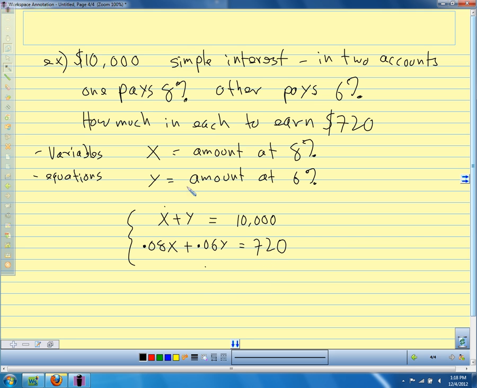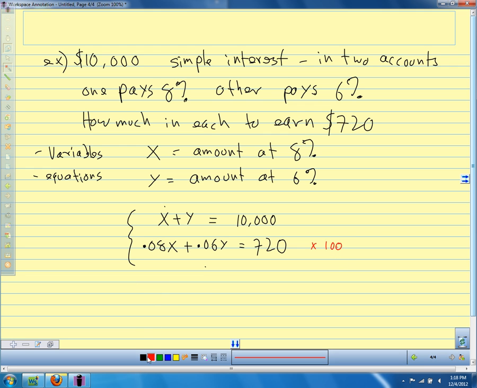So now we have our variables, we have our equations. So how are we going to go about solving this system? What do we want to do? Multiply the bottom by 100. Okay, so we're going to multiply the bottom by 100.